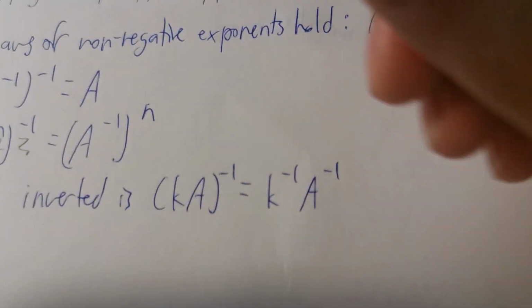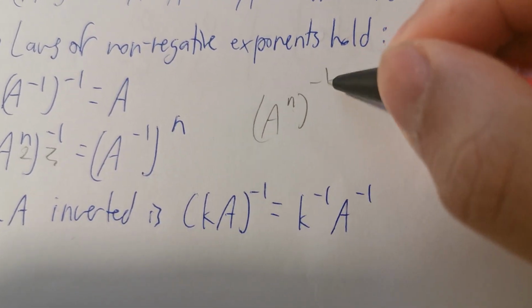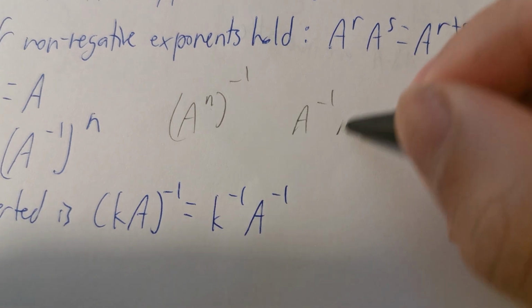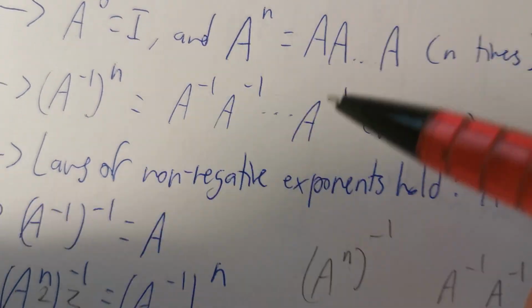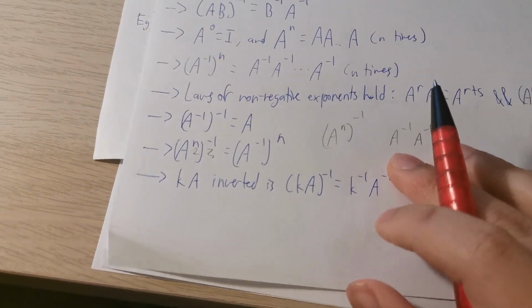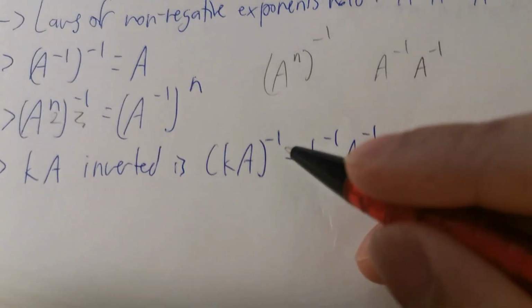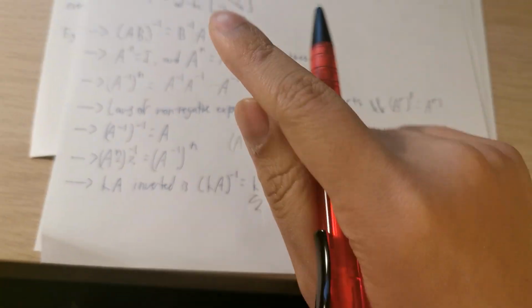If you do A to the power of n and then an inverse, it's the same thing as doing an inverse several times. And last thing, if you have kA inverted, not only do you invert the matrix A, but you also invert the constant k. That's pretty important.